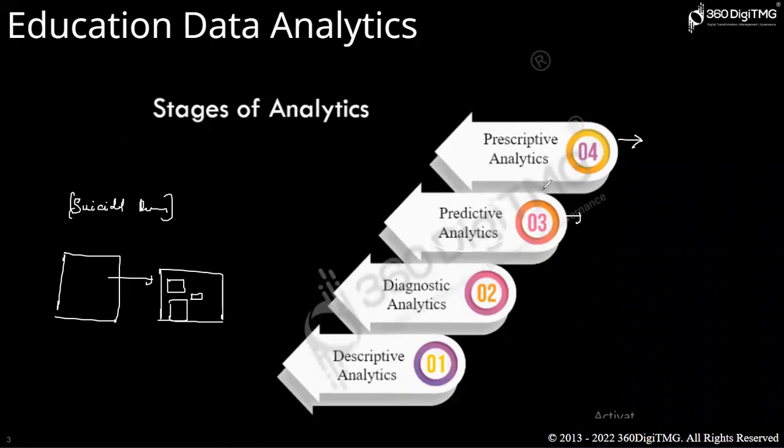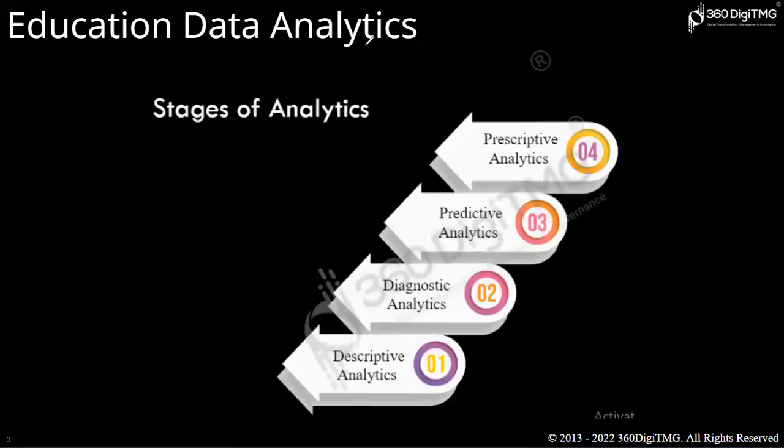And what is the prescriptive analytics here? Based on my predictive analytics, if I find that the student may have suicidal tendency, what are we going to do? There should be some counselors, so they should be counseling the student. We should have some expert, a psychiatrist, who could give some help to the students.